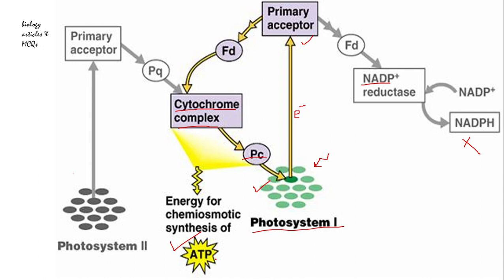Guys, next thing we are going to discuss is why this happens, and why sometimes photosynthesis shifts from a non-cyclic pathway towards the cyclic pathway. One hypothesis is that it possibly happens when the chloroplast runs low on ATP for the Calvin cycle.